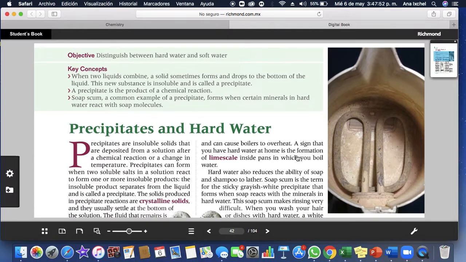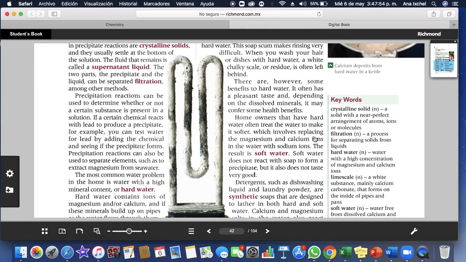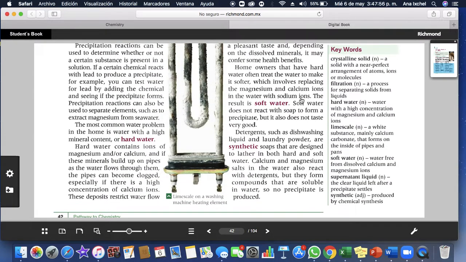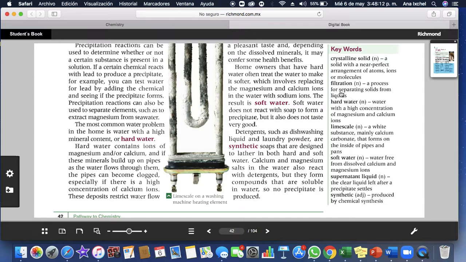Let's check the vocabulary that we have, and it is the key concept. So we have crystalline solid, that is a solid with a near perfect arrangement of atoms, ions or molecules. We have filtration, that is a process for separating solids from liquids.